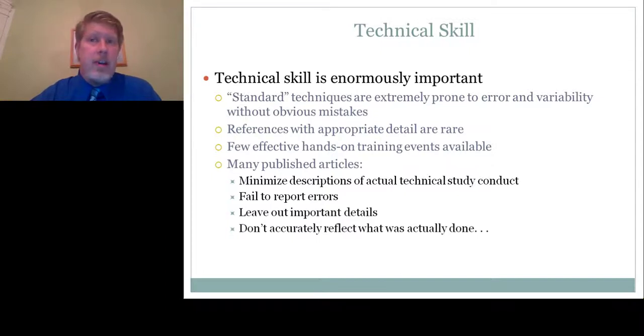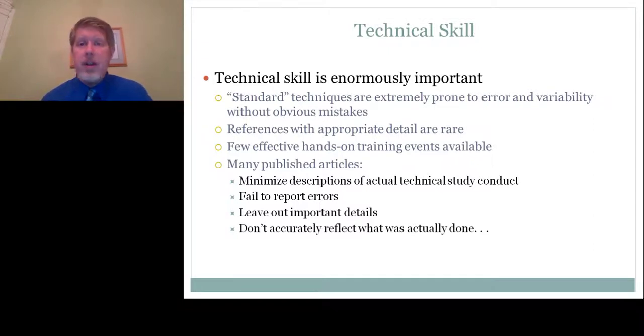They often don't report errors. So the model development, the trials, and the difficulties and learning curves that you went through are often not reflected in it, which means that when you are trying to mimic this paper or publication that you are pulling from, there's a lot that's left out.